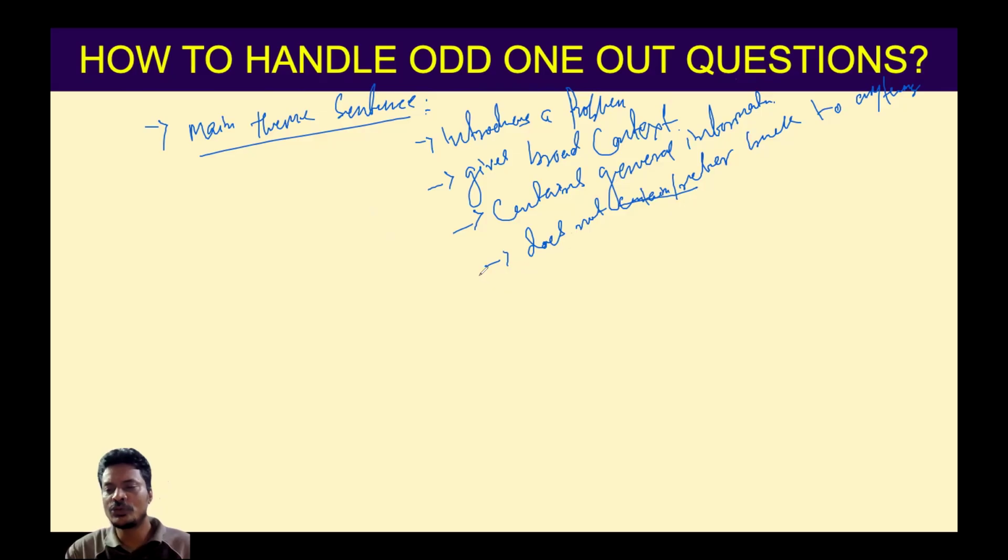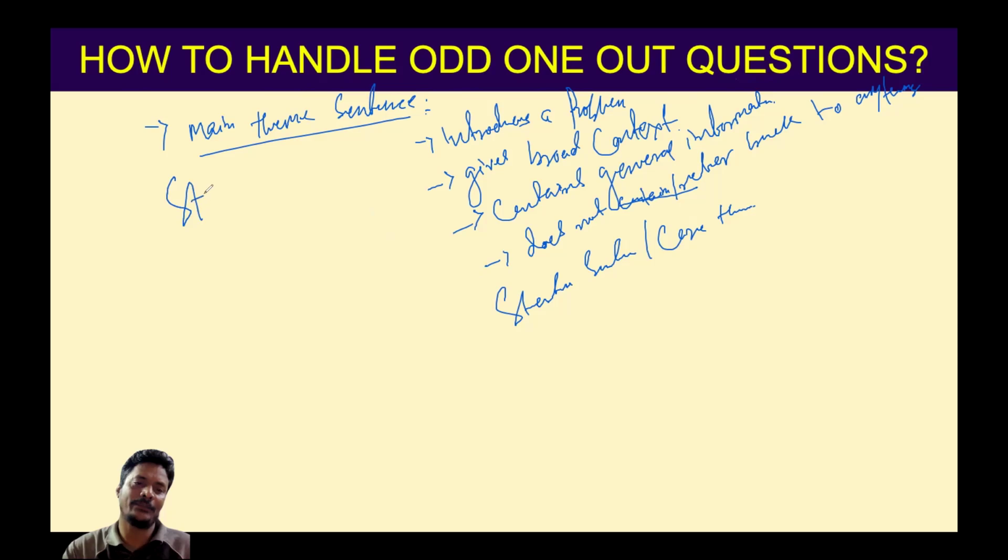This is almost always the starter sentence, and it gives you the core thing, right? We will take one example and discuss it also. So this is step one. In step one, what we understood is that we need to find the main theme sentence.